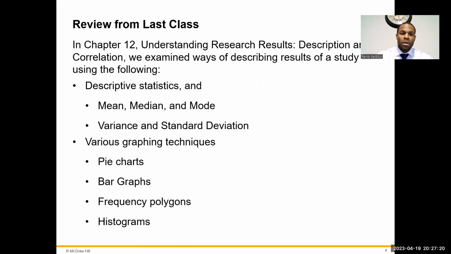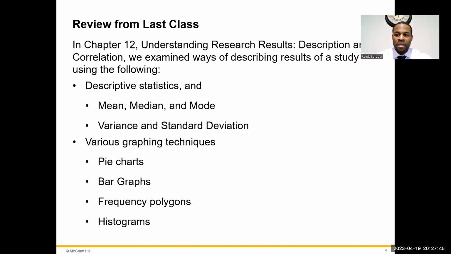Okay. Just to review, again, we talked about research results. We talked about descriptive statistics, and correlation. And we mentioned how to present data that we get, right? So we describe it using the mean, median, and mode. We use variance and standard deviation to give us an idea of what that data looks like as far as it being in a distribution.